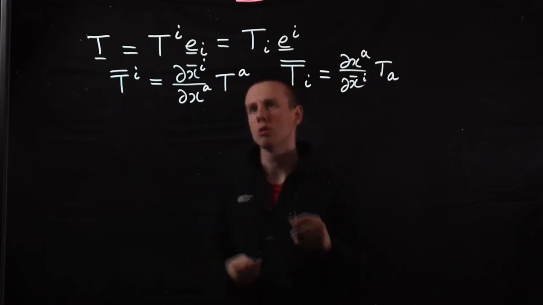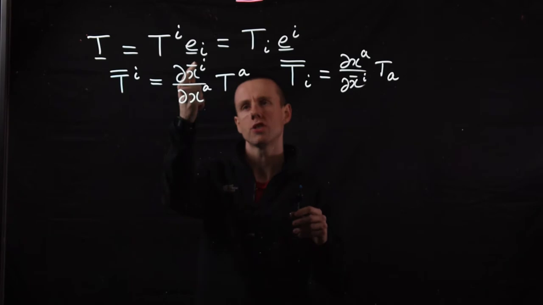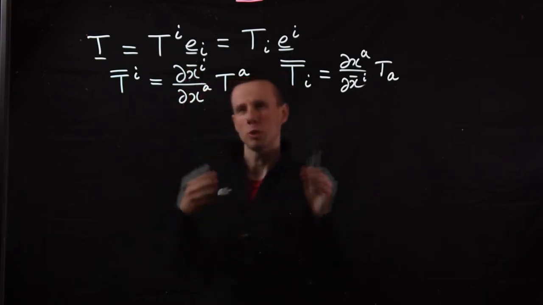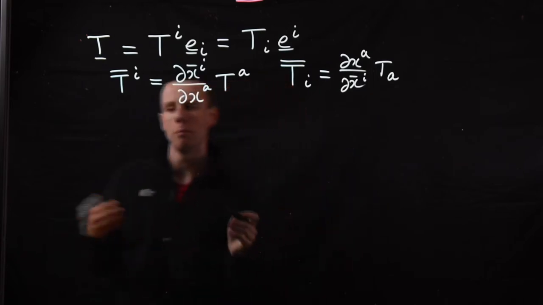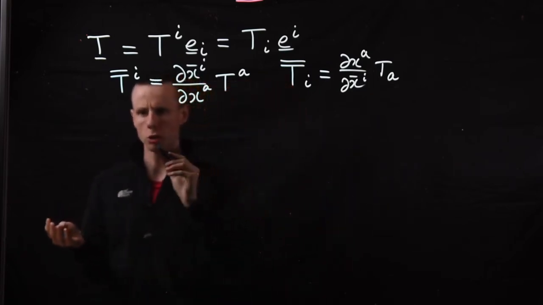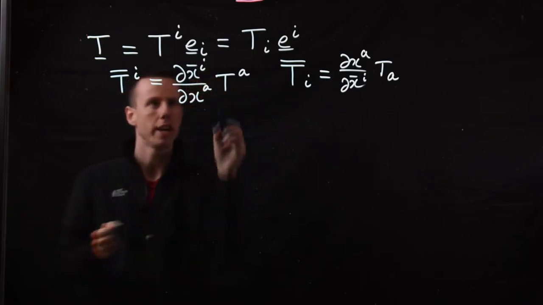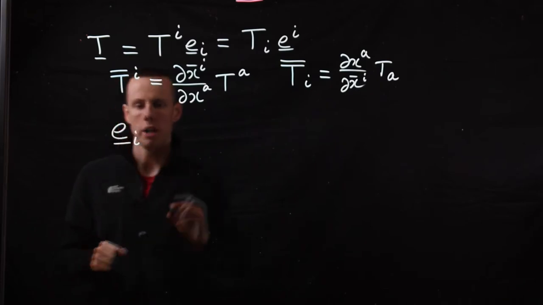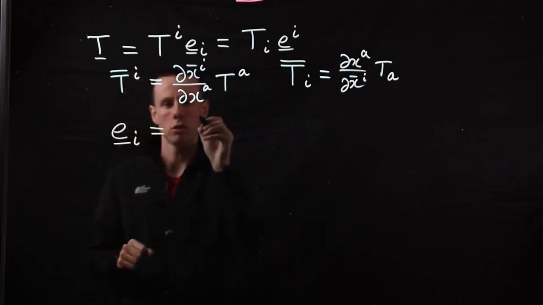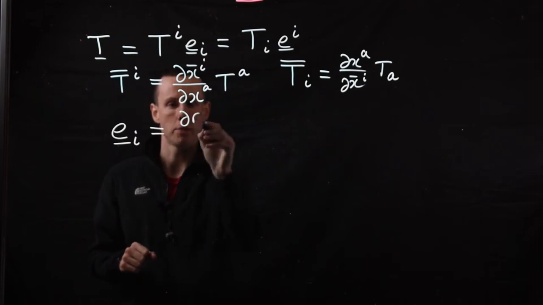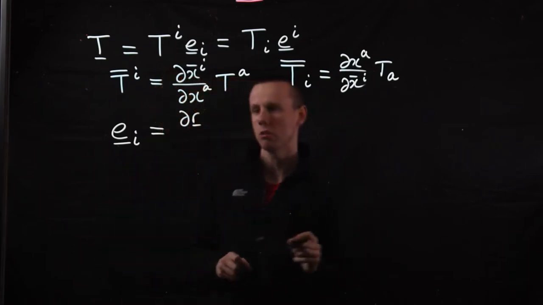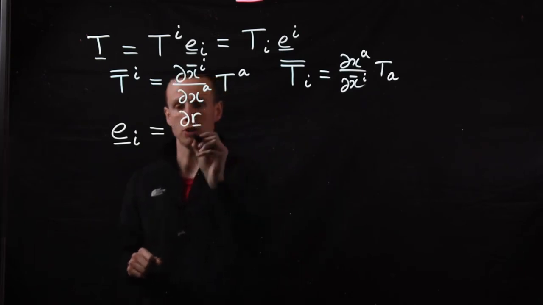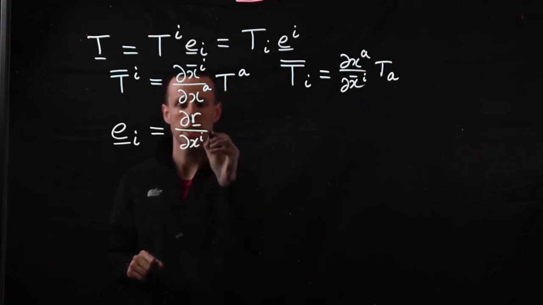And then there are also the corresponding transformation laws for the basis vectors, which we don't need so often, but I can write them down anyway. Remember how the basis vectors are defined in the first place. The natural basis vector: you take the position of the point in question, the point where you want to have your basis vector, point R, and you differentiate with respect to coordinate x^i.